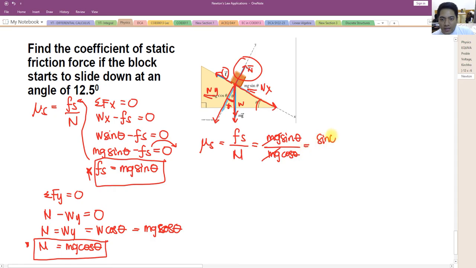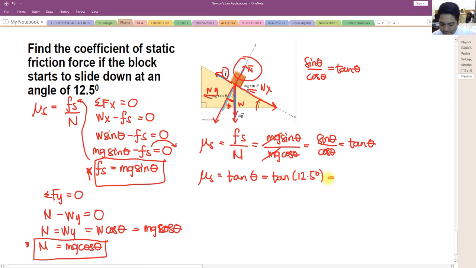You are left with sine theta all over cosine theta, and by identity, that is equal to tangent theta. So technically, the coefficient of static friction is simply the tangent of theta. We already have the theta, that's 12.5. Tangent of 12.5 degrees would be 0.22. That's the coefficient of static friction of this box.